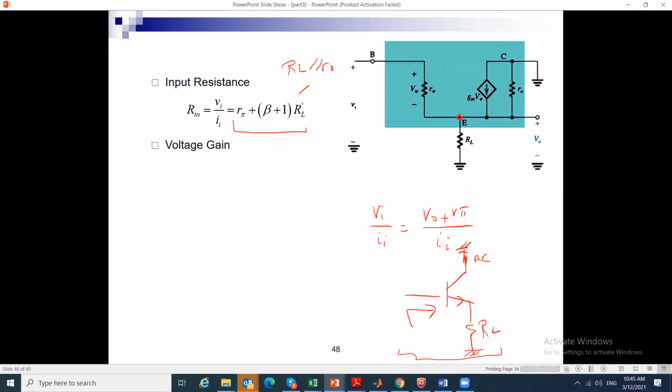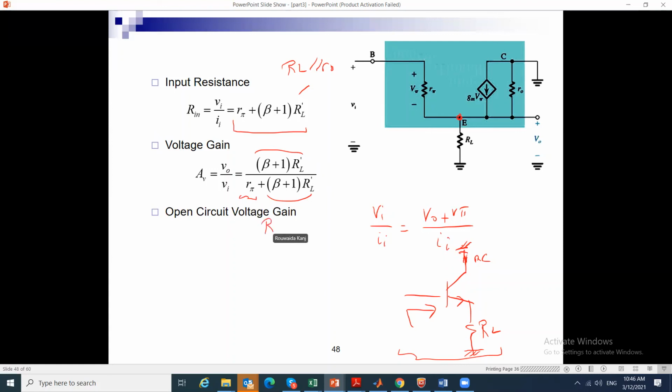Okay, طيب, and then the voltage gain, if we put VO على Vn, we will find that it is equal to this. Of course, beta plus 1 times RL is much greater than R pi, and therefore the gain is approximately 1. And the open circuit voltage gain is when RL tends to infinity.